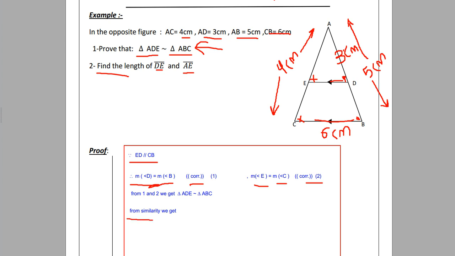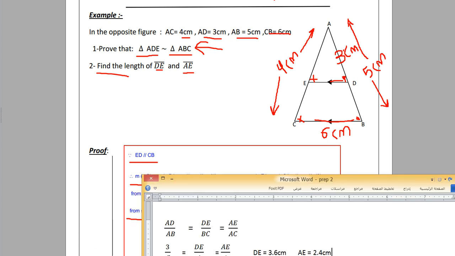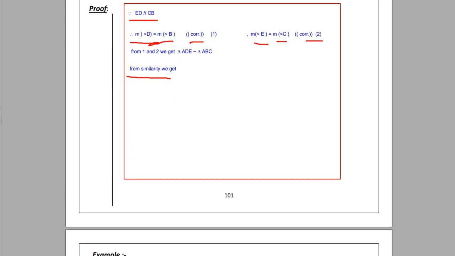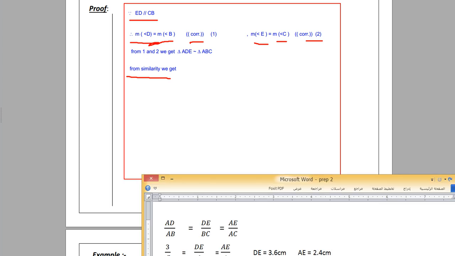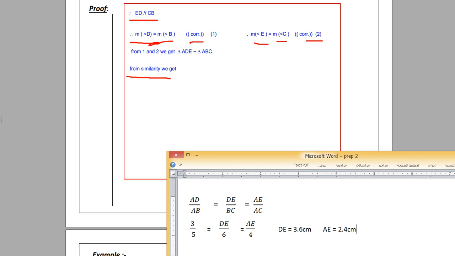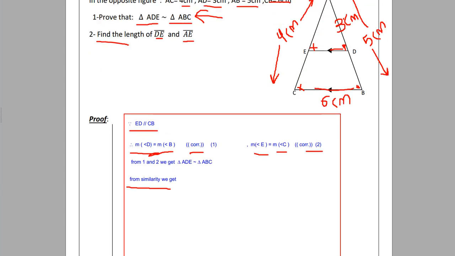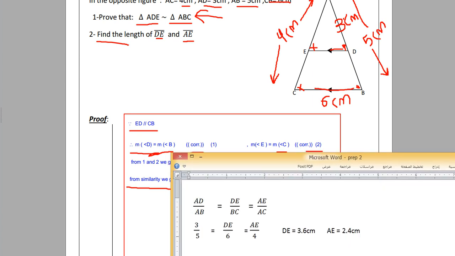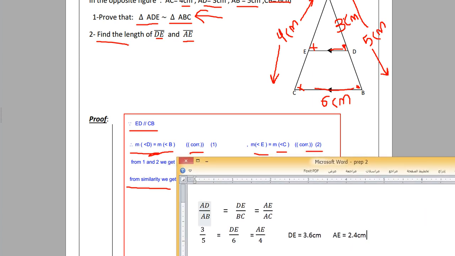So from the similarity, what do we get? We get that these sides are proportional. And as I told you in the previous video also, the meaning of proportional is that AD over AB.